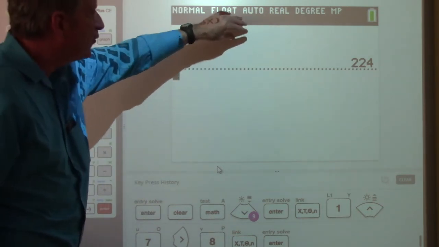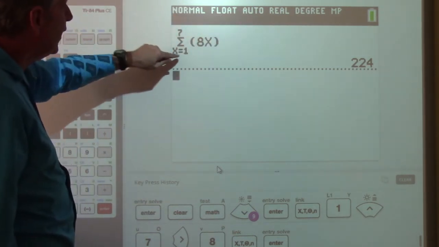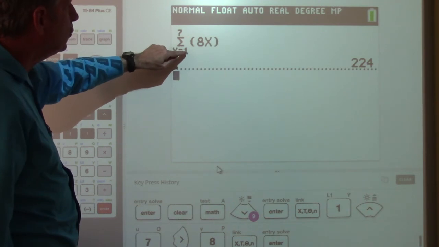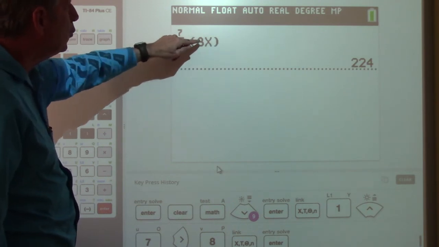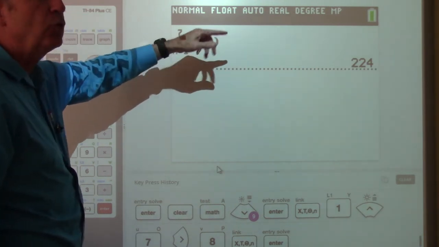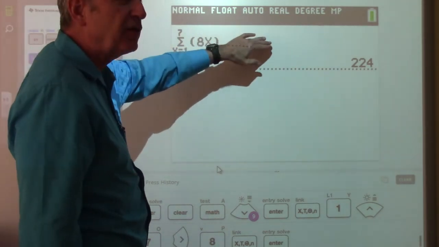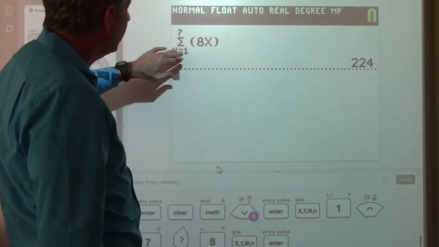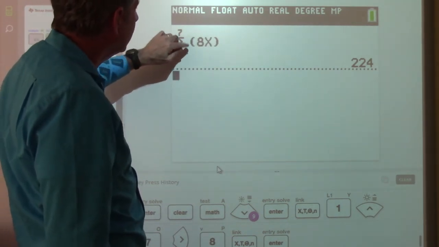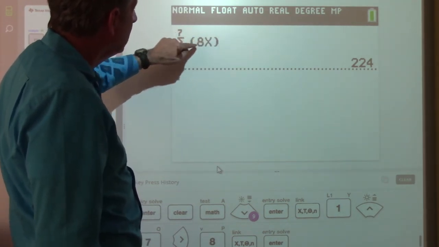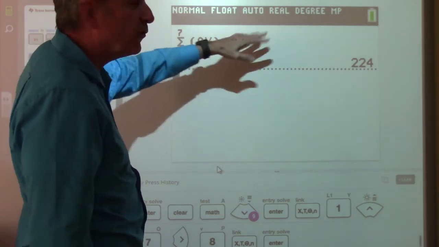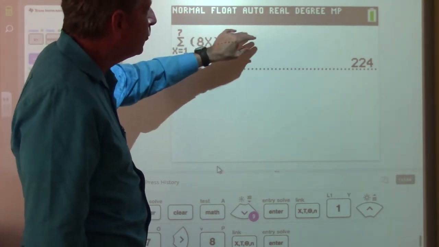Then you're storing that 8 over here. Then you're going to go up to 2. So then you plug in 2, 8 times 2, which is 16. And so now you have 8 plus 16. You do the same thing for 3. You plug in 3, so you're going to get 8 times 3, which is 24. And you put that at the side.